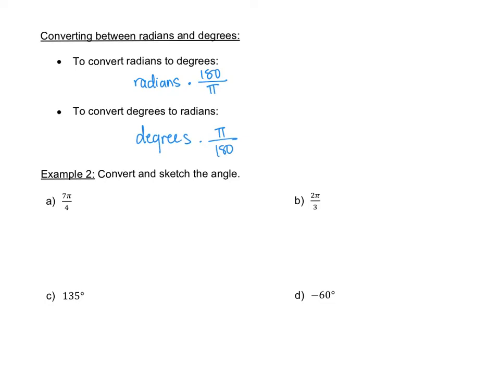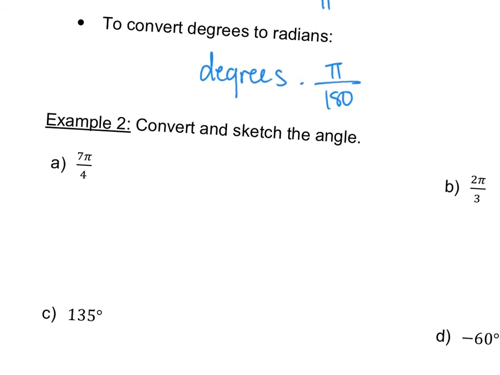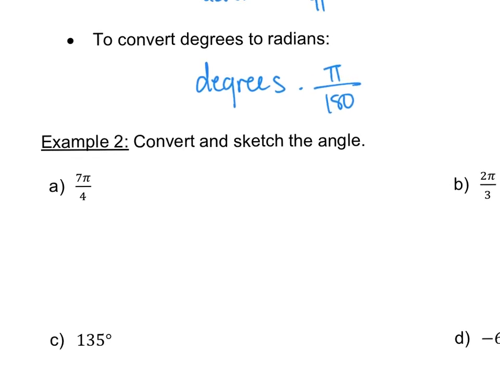All right, so let me show you an example using the ones we have below. For part A here, let's zoom in. So this one here I have in radians, and I need to convert this to degrees. Once we convert it, we also need to sketch the angle on a coordinate system.